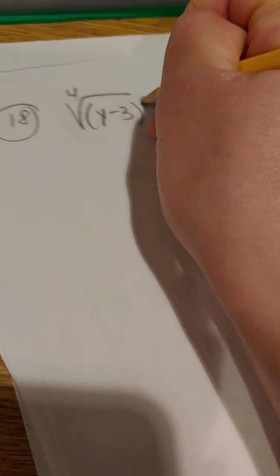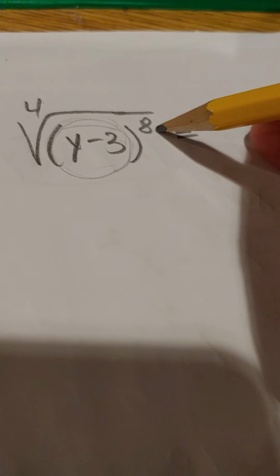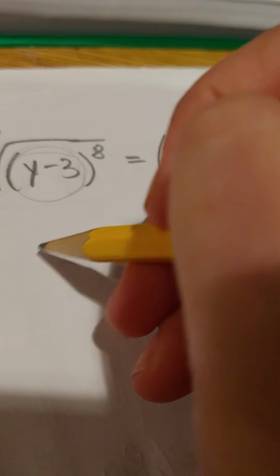So that's what we see, right? It's something to the 8th power, and it's a 4th degree root of that. Okay, so imagine that it's something here. Whatever it is, y minus 3, it's raised to the 8th power. So the answer is going to be y minus 3, and then we put it inside of the parentheses, and we're going to do the same thing we were doing previously.